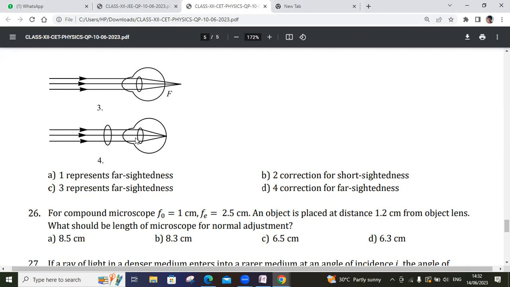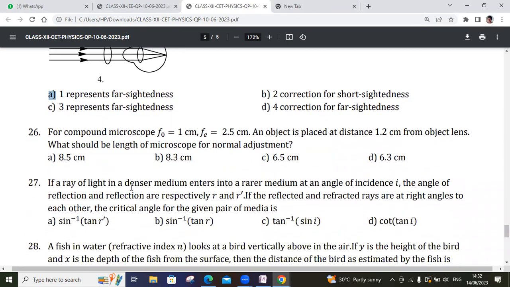It means we are converging it so that the image will form a little towards the retina. So in farsightedness the image will be formed here, and you use a convex lens to correct it to have it here. So this is the correct description of farsightedness. Third diagram, so third is correct. So A should be the answer. Like that also you can do.